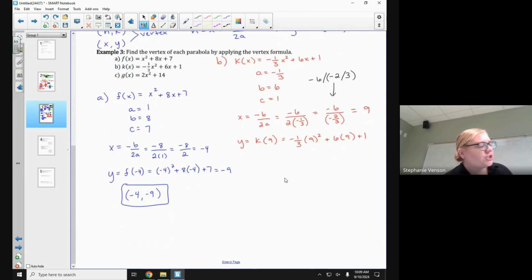My only suggestion is that you put an extra set of parentheses around the fraction. Anytime you have to put a fraction in the calculator, I always recommend putting a set of parentheses because it helps ensure that the calculator is doing the order of operations correctly. So open parentheses, -1 divided by 3, close parentheses, open parentheses 9, close parentheses squared, plus 6 times 9 plus 1, and I get 28.